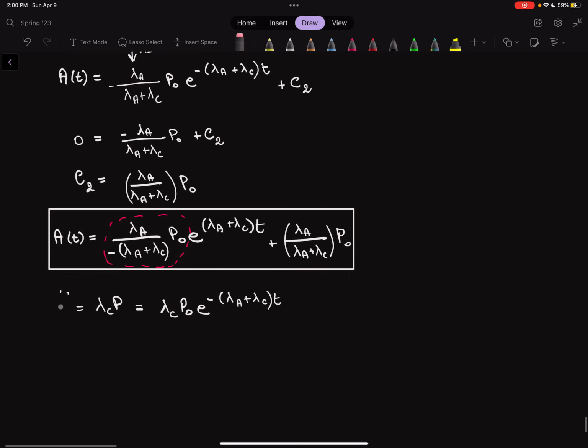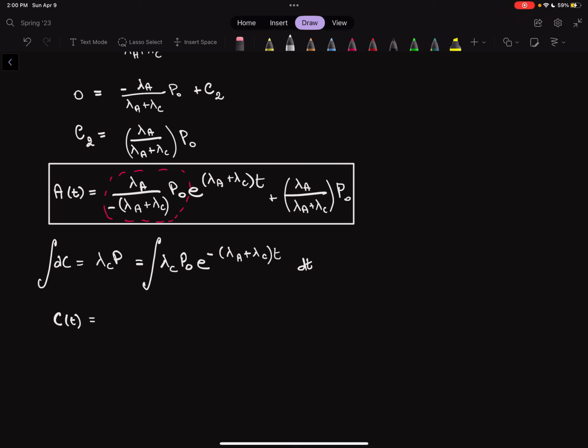I can write this dt informally to this side, take the integral, and I would get C of t is equal to, well, again, that stuff is going to have to be canceled out. So it's going to be lambda C, which is pulled out because it's a constant, over minus lambda A plus lambda C, P naught, and then we have e to the negative lambda A plus lambda C times t, plus C3.